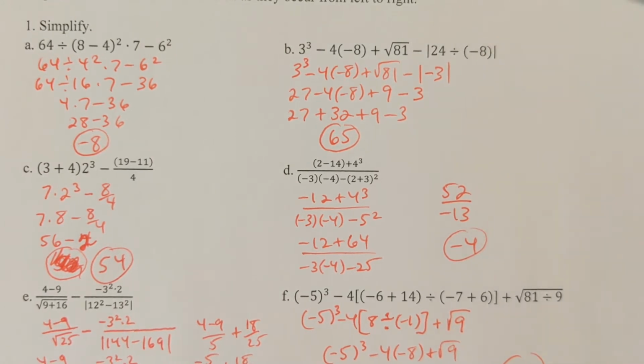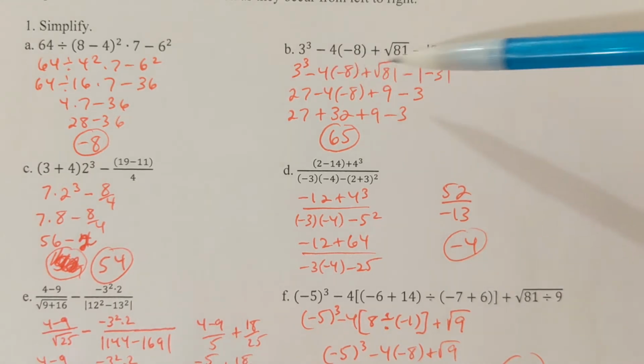Part B, I've got 3 cubed minus 4 times negative 8 plus the square root of 81 minus the absolute value of 24 divided by negative 8. 24 divided by negative 8 is negative 3. Everything else will stay as is.